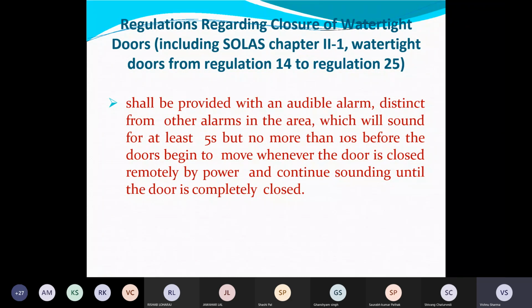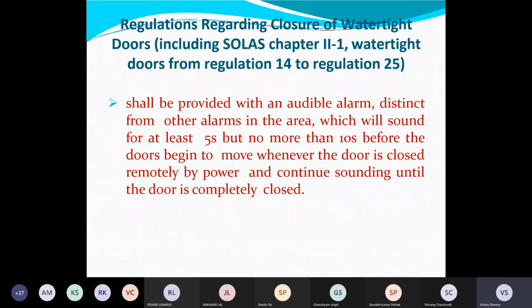It shall be provided with an audible alarm distinct from other alarms in the area, which will sound for at least 5 seconds, but not more than 10 seconds before the door begins to move, not from the time when you give the command.